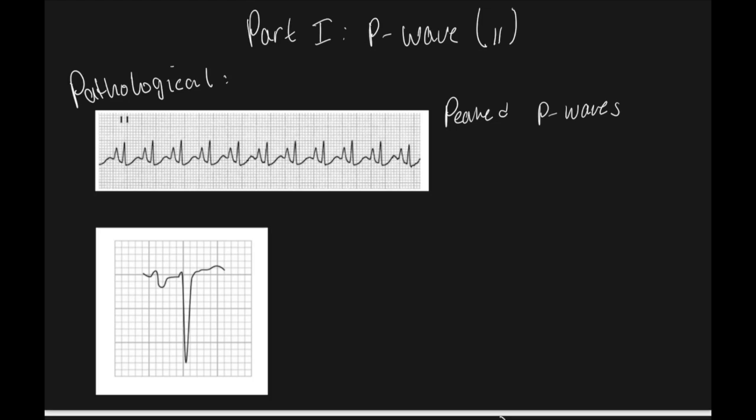So we see here the P waves aren't smooth in contour, they're pointy. And here we have biphasic P waves, not in V1. And both of these findings represent just some atrial enlargement, so not typically too life-threatening.